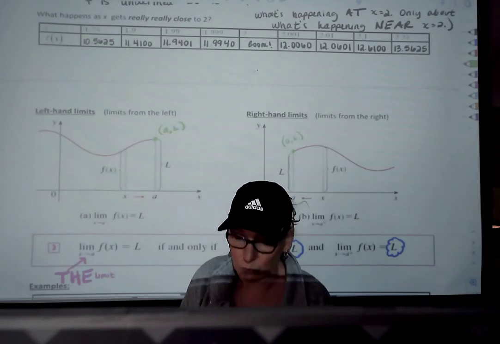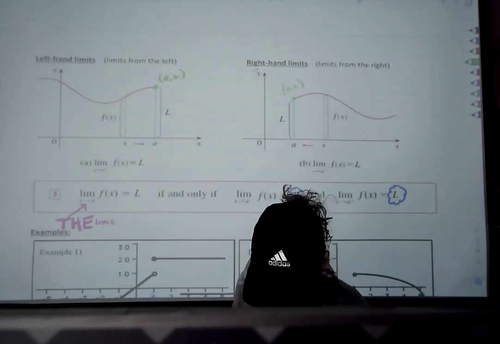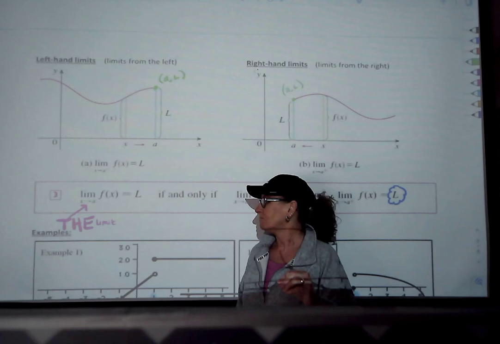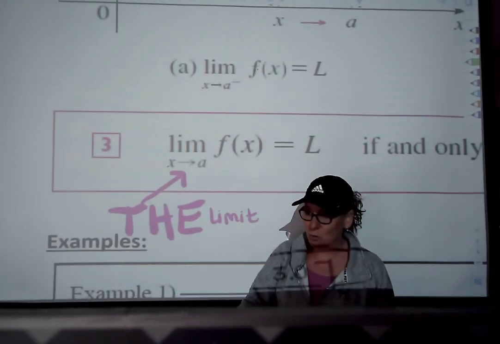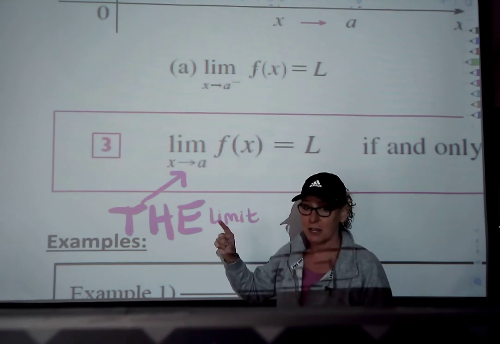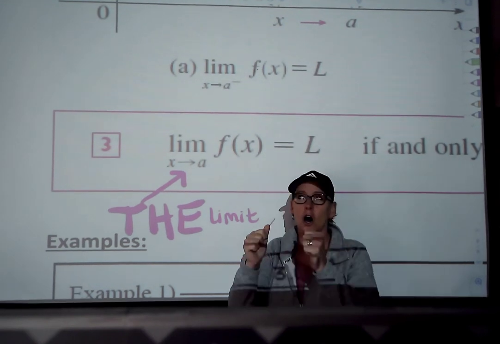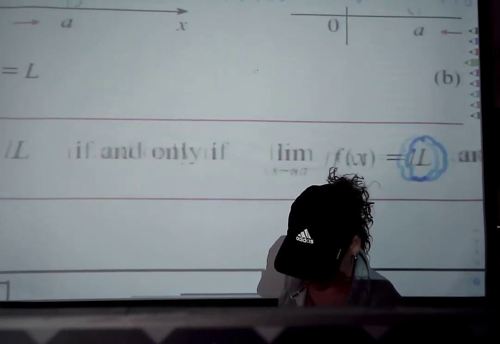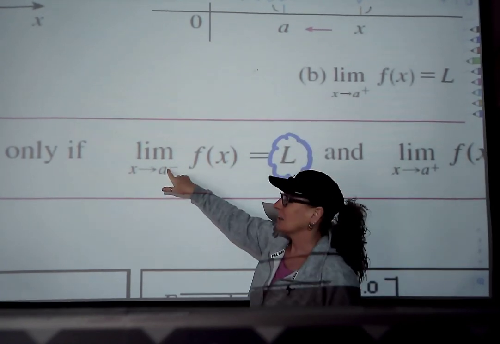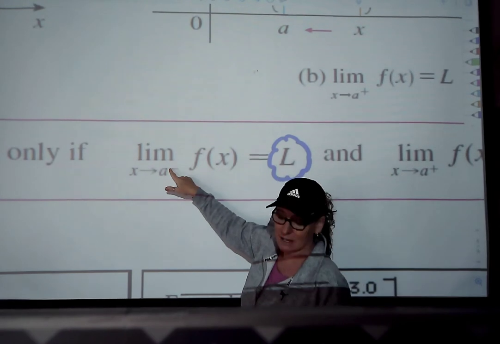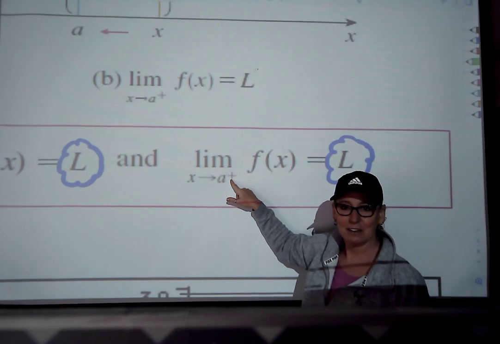So why is that important? Why do we have to jump to the left and come back? Why do we have to jump to the right and come back? Here's the actual definition of a limit. The limit, not just the one from the left, not just the one from the right, the limit has this answer only if and only if this was the answer that I got as I did the limit from the left, and this was the answer that I got as I did the limit from the right.